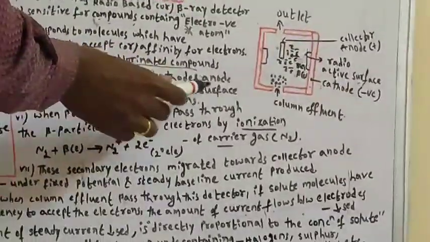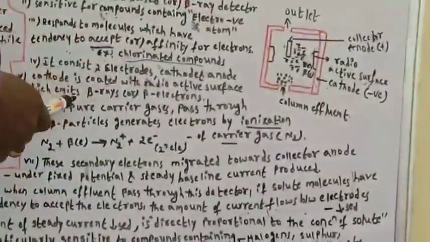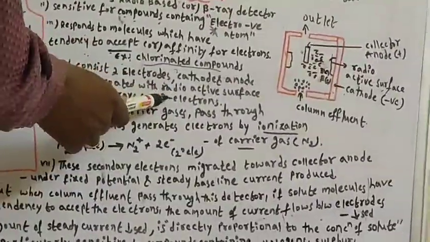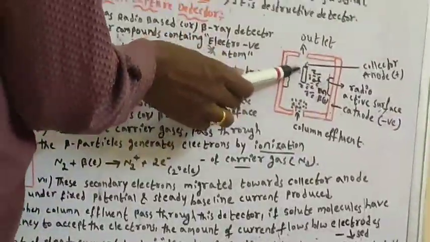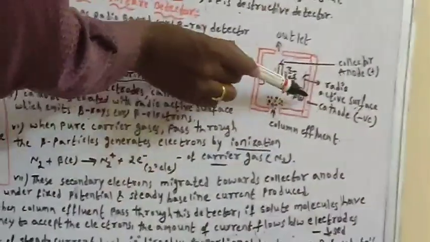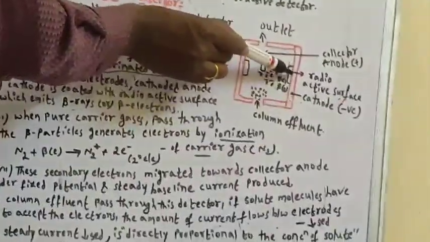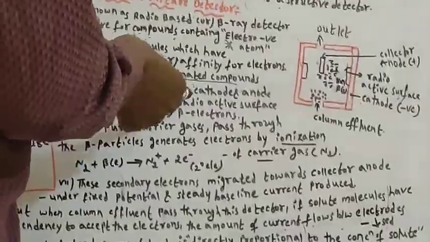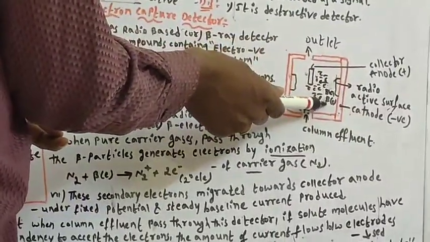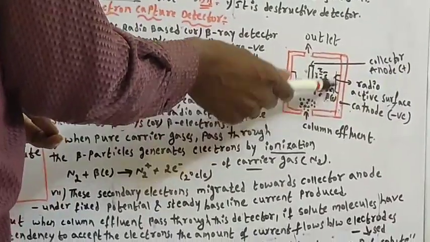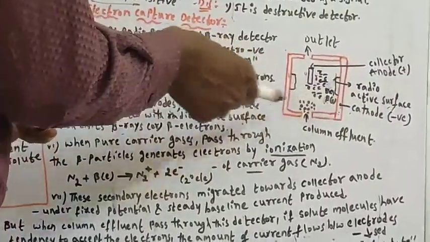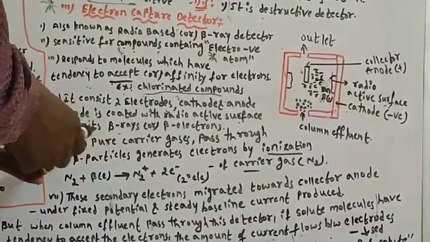Then it consists of two electrodes, cathode and anode. The cathode is coated with a radioactive surface which emits beta rays, or beta electrons. You see, this is the anode, this is the cathode. The beta particles will be emitted from this radioactive surface.